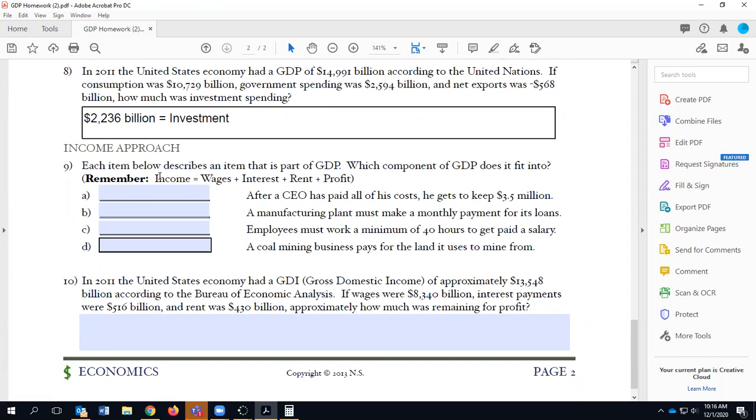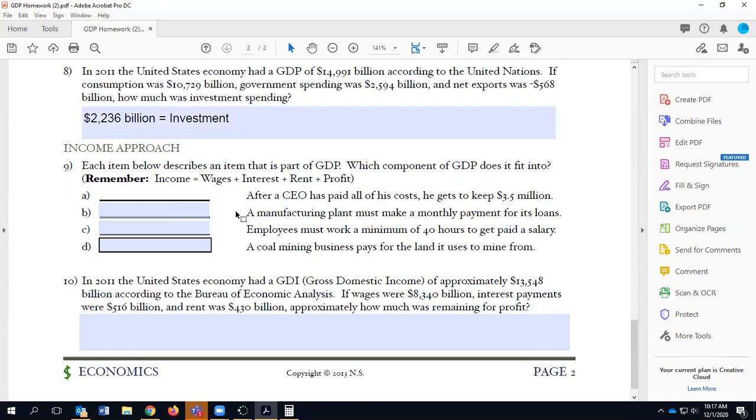So we have income equals wages, that's what people bring home, that's your paycheck, plus interest, that's what businesses pay off, plus rent, and profit, how much money you're making. Letter A, after a CEO has paid all of his costs, he gets to keep 3.5 million. So which one is that? It's profit.